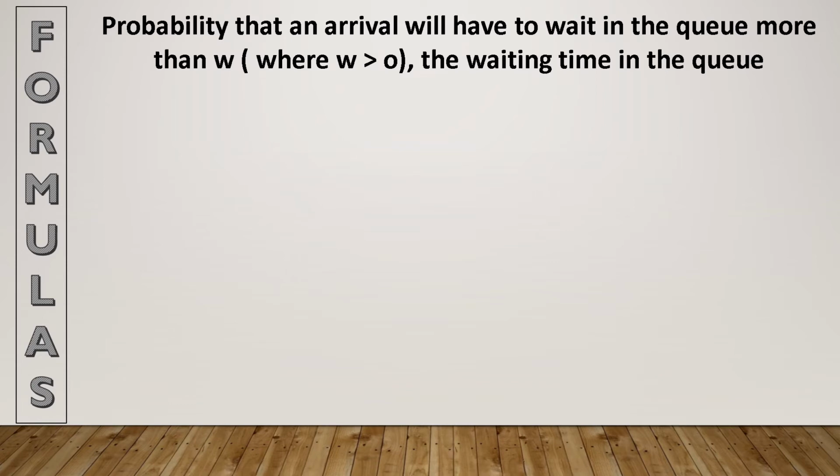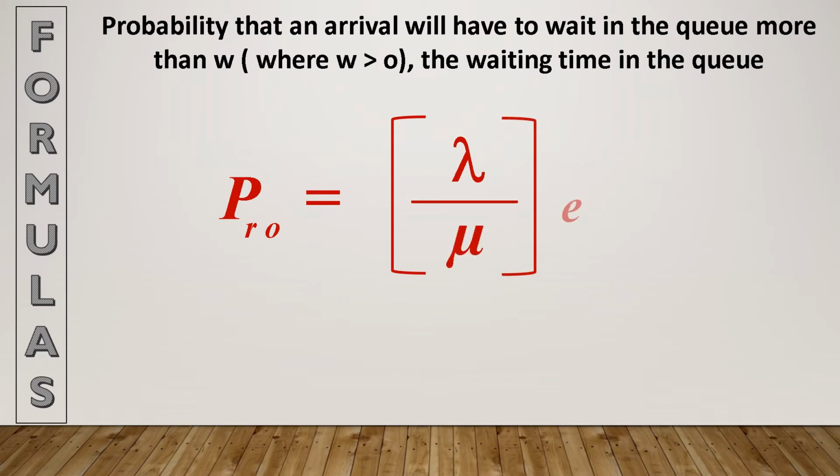The formula will be P is equal to the mean arrival rate divided by the mean service rate multiplied by the constant e, raised to the power of the mean arrival rate minus the mean service rate multiplied by W, or the waiting time.